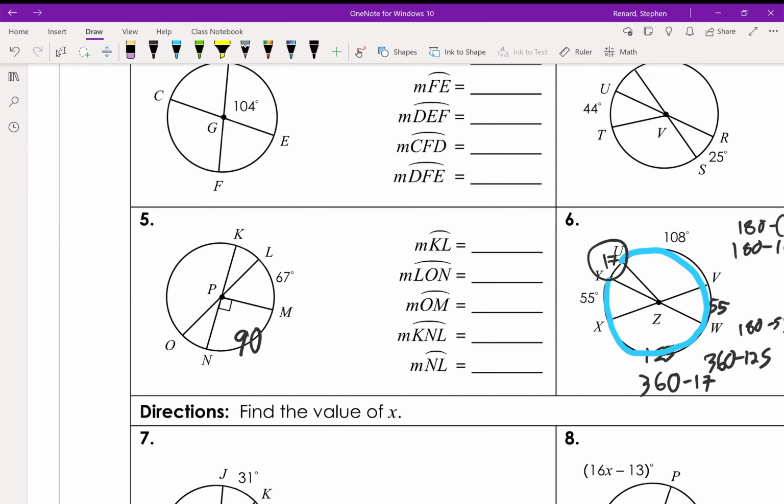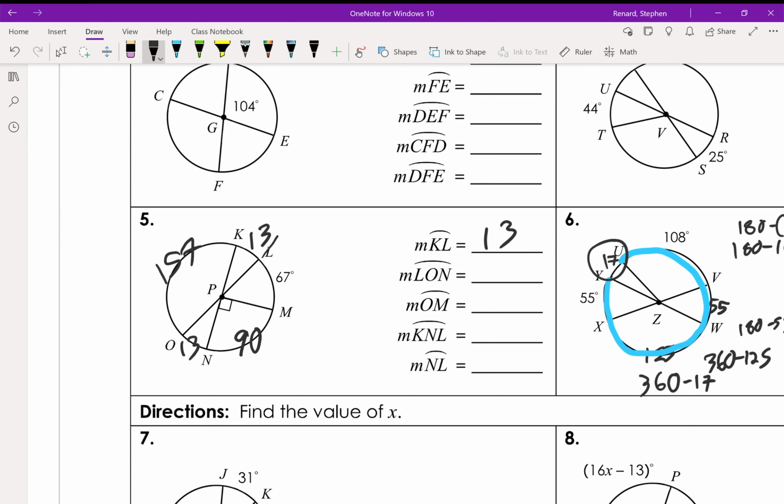So 90 minus 67, 23. If that's 23, we can use vertical angle theorem to say that that's 23 too. We know that this right here has to equal 180. So we know that this is going to equal 157 degrees. So K to L, 13.